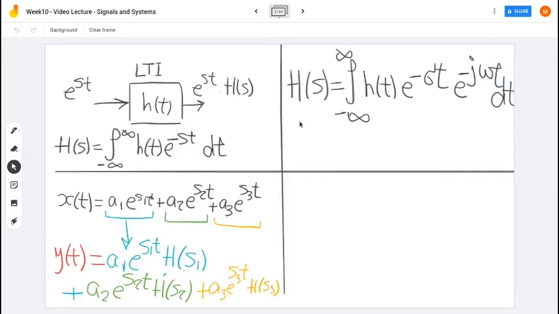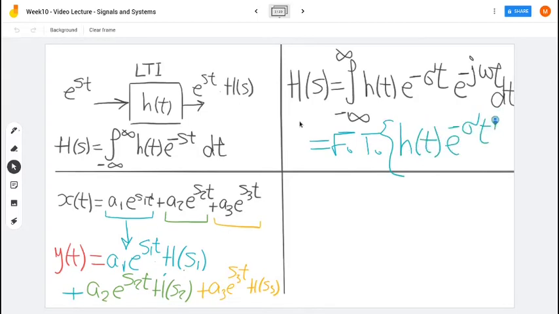And of course, we haven't studied the Fourier transform yet, but this equation is simply the Fourier transform. This is the definition of the Fourier transform of a function h of t e to the minus sigma t.